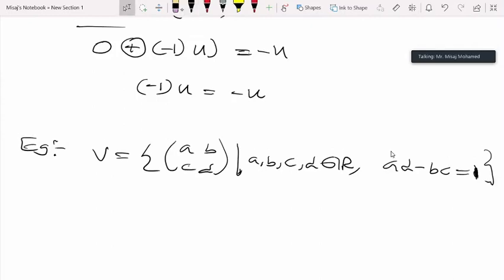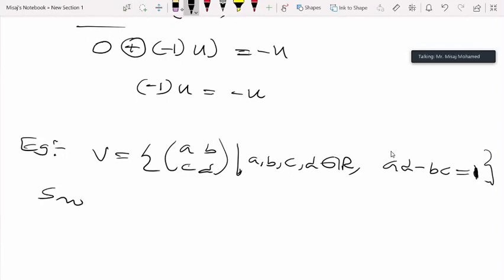So V is the set containing 2 by 2 matrices such that A, B, C, D are real numbers and the determinant of every vector in the set V is 1.